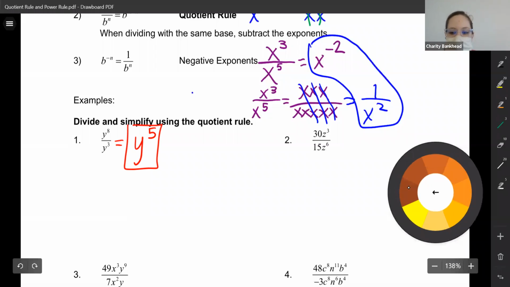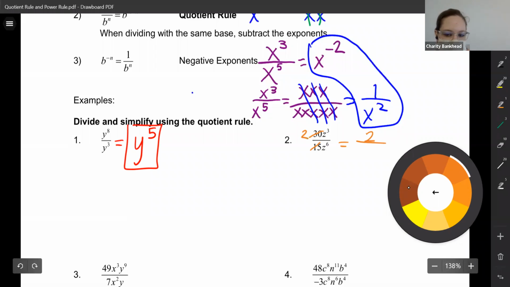Number 2, we have 30 over 15. So let's go ahead and reduce that first. 15 would go into 30 2 times. So we're going to have a 2.